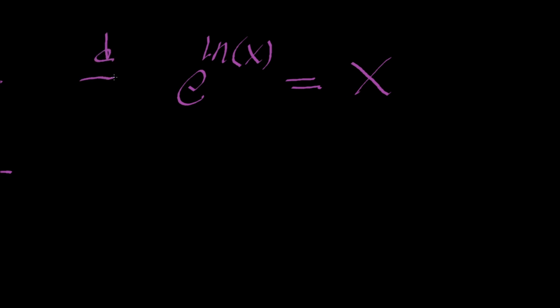So the logarithm laws tell us that e to the power of ln of x is equal to x. And now let's take the derivative of both sides. So let's cover all of this with a d over dx.